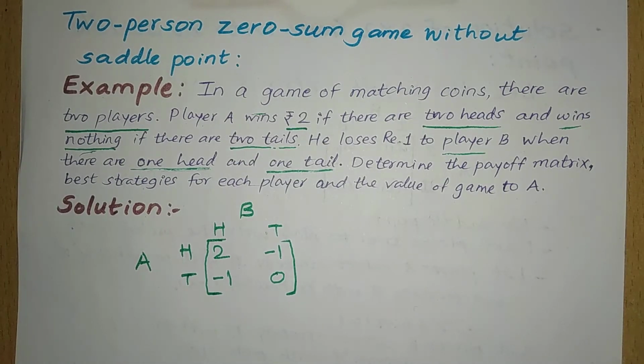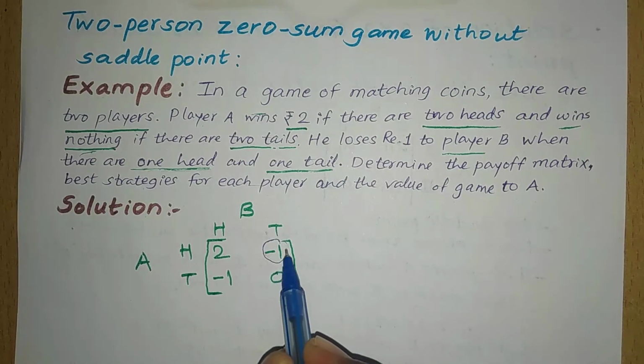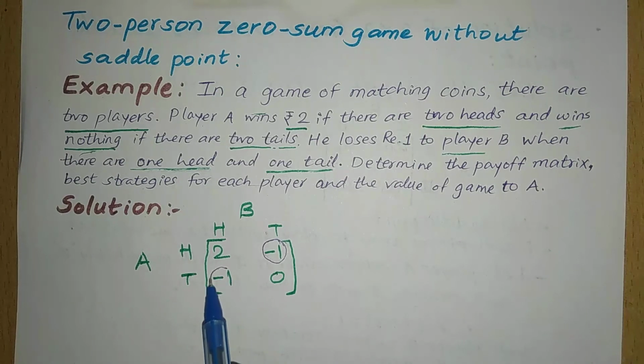Now let us check whether a saddle point exists or not. Let us apply the maximin and minimax principle. Let us draw a circle around the minimum value along each row, and then a square for the maximum value in each column.